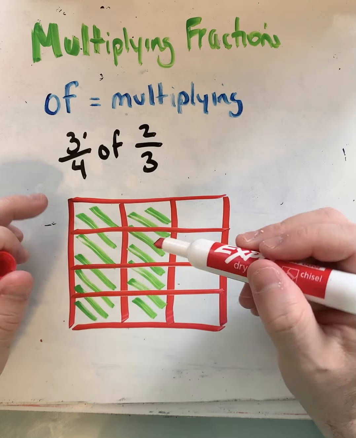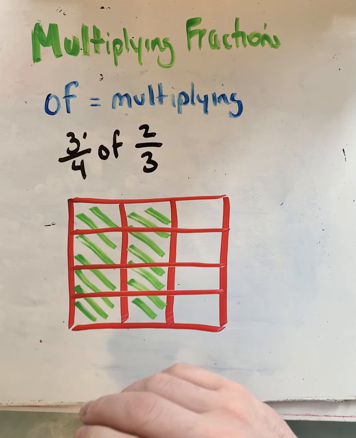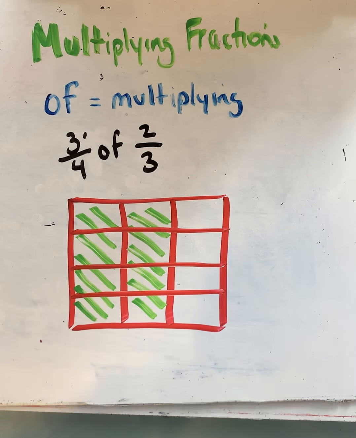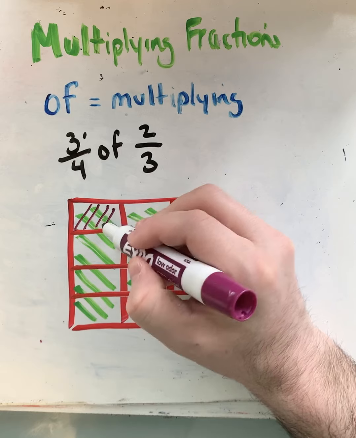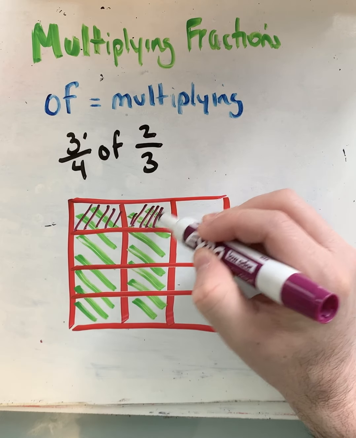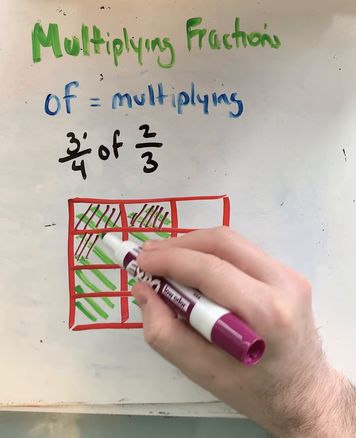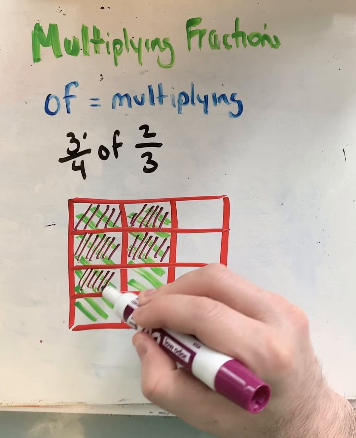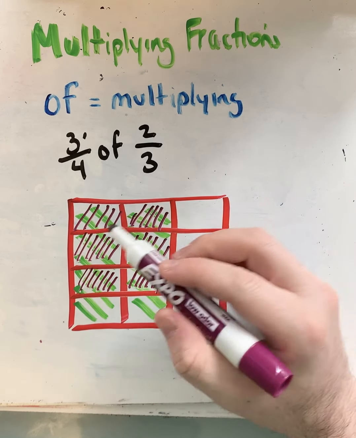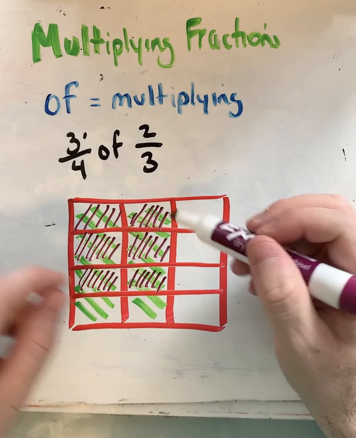3/4 of the boxes need to be colored in. Now, 3/4 of the already colored in boxes is what I'm looking for. So I'm going to color this one in. 1, right? 2, and 3, right? 3/4, right?